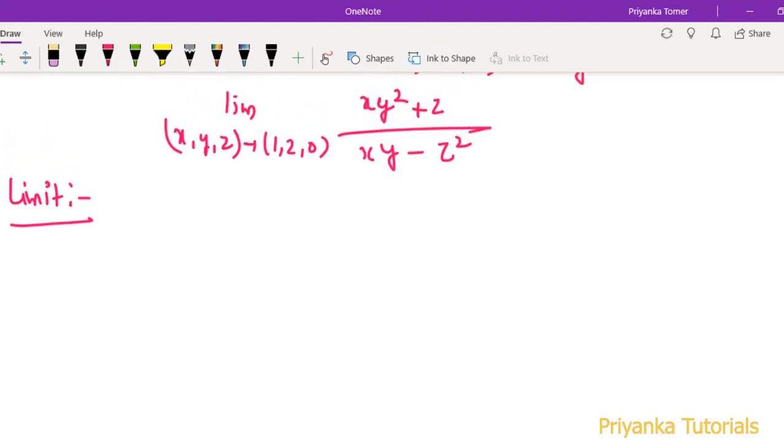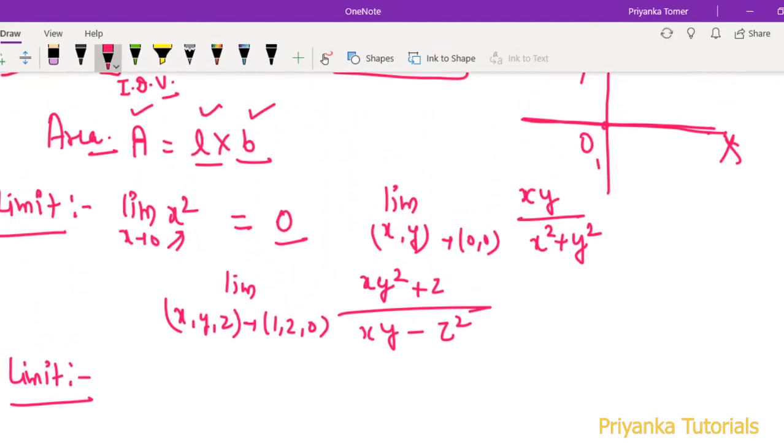As we discussed in the example here, you have to calculate the limit of x square. That means y equal to x square is the function, and we know the graph of this one is like this. Suppose we don't know the graph, leave that. You just go to x equal to 0 at this point on the line, and suppose this is 1.